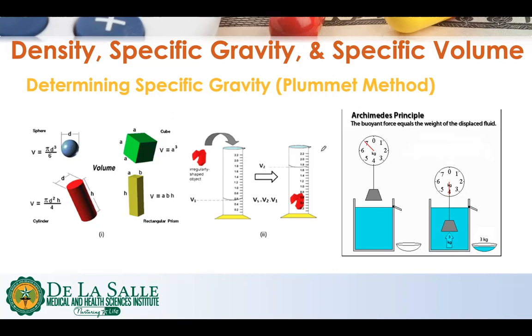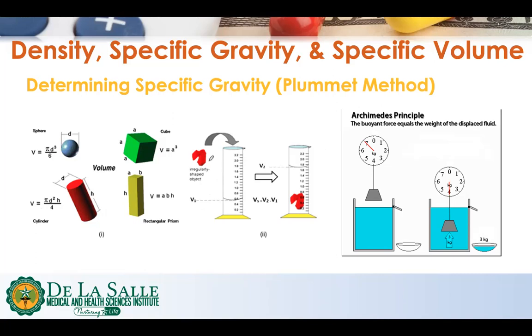Now, for certain materials, it's easier for us to determine their volume. For example, for regular solids such as the sphere, the cylinder, the prism, and the cube, we will simply use the size or the length of their sides and or their radius or diameter in calculating their volumes.